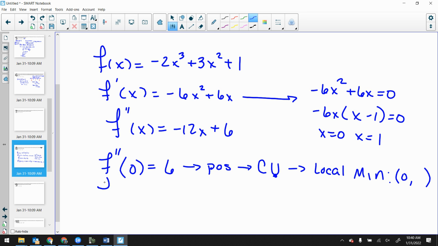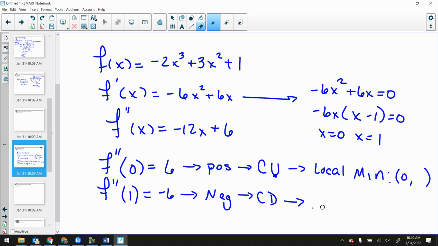Okay, f double prime of 1, I plug in 1, negative 12 plus 6 is negative 6, which again is negative, which means it's concave down, which means it's a local max at 1. And I'll cheat again: 0 comma 1, 1 comma 2.